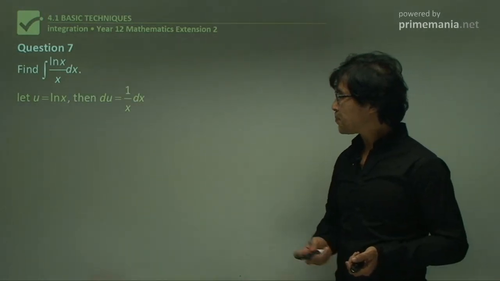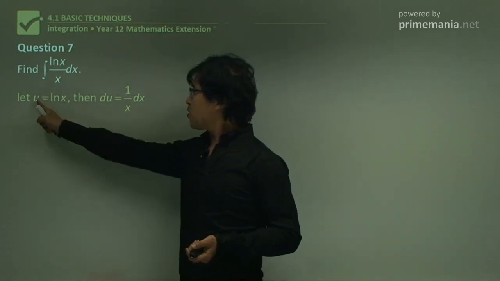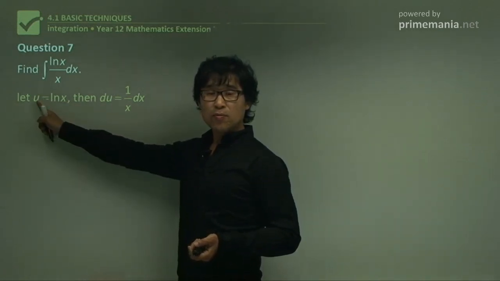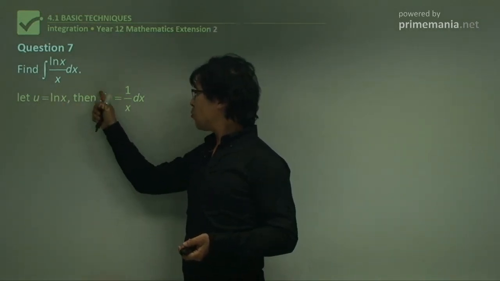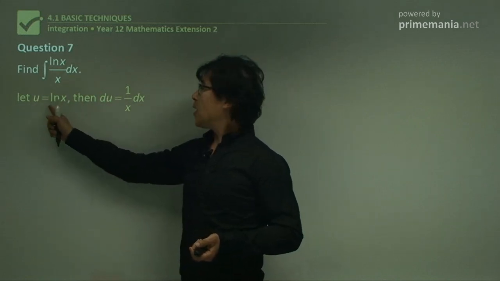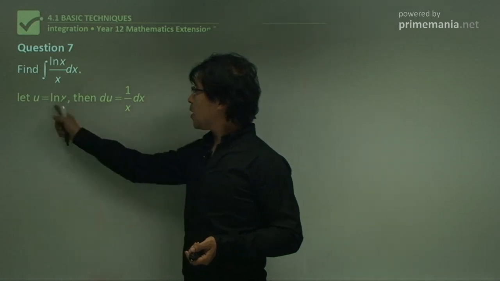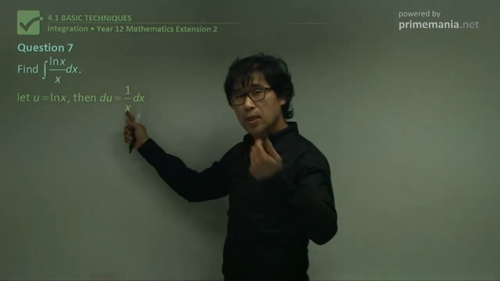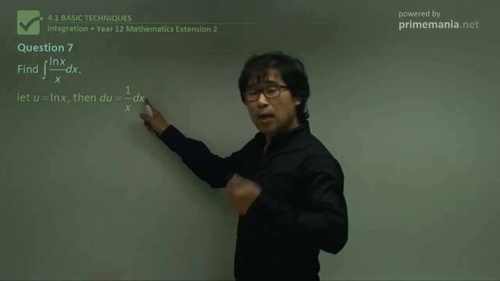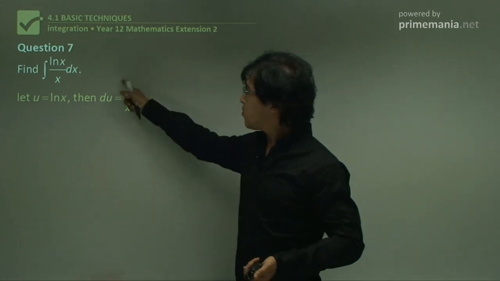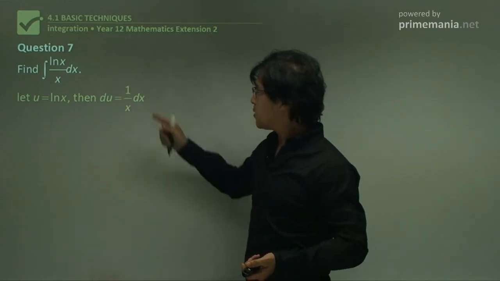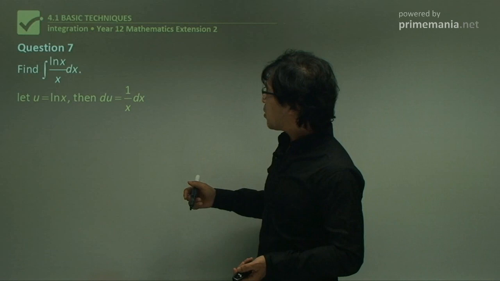Differentiating u gives du, so 1 du basically. And ln x differentiated in terms of x gives 1 over x. Does it make sense?